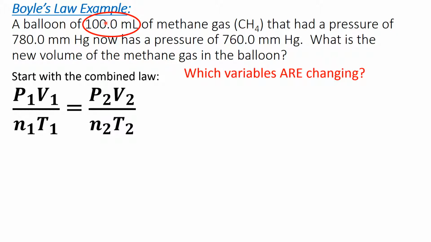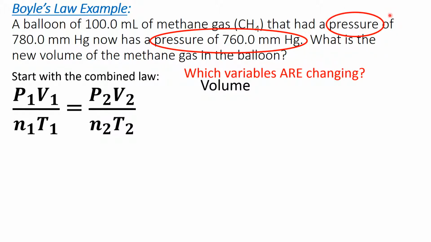We see milliliters up here in our word problem, and also a question about the new volume. So volume is one of the things changing. We also see that we have a pressure of 760 millimeters of mercury and another pressure of 780 millimeters of mercury. So pressure is another variable that's changing.